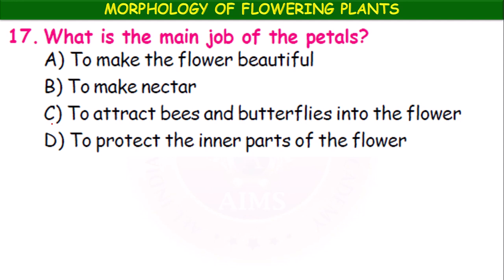What is the main job of the petals? To make the flower beautiful, to make nectar, to attract bees and butterflies into the flower for pollination, or to protect the inner parts of the flower?